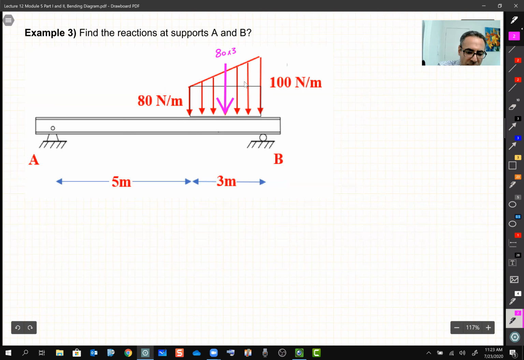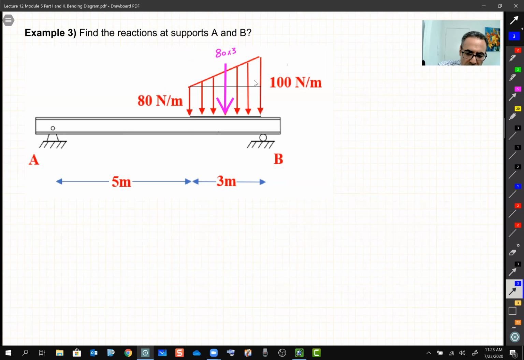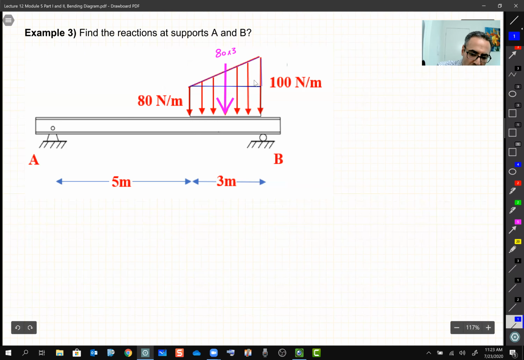And then we have to deal with this other shape. The size, okay, that's one side, 3 meters. That's this side, which is 20. So don't confuse it again with that 100. So this side is 20 Newton per meter, right?